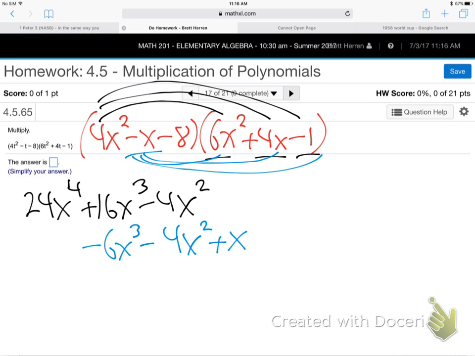Good so far? Making sense? And then the minus 8 goes to all 3.